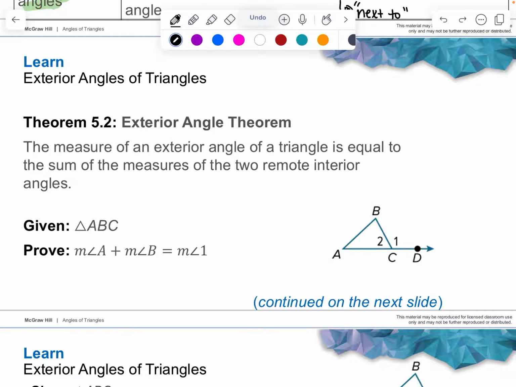So what that looks like here, if you look at this diagram, the measure of angle 1 is equal to the measure of angle A plus the measure of angle B. Okay? So for instance, if this was 40 degrees and this was 50 degrees, this one would be 90 degrees, because 40 plus 50 is 90. Obviously, it's not 90 because it looks like more than 90, but that's how that works, okay?